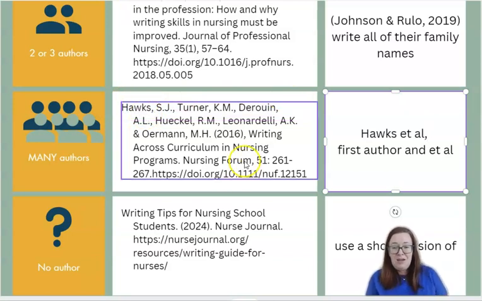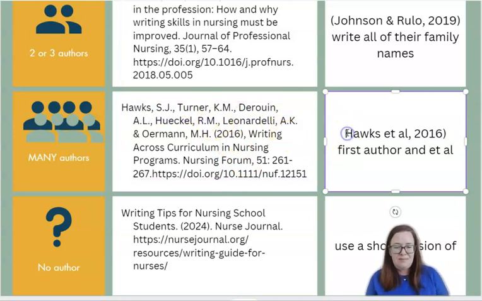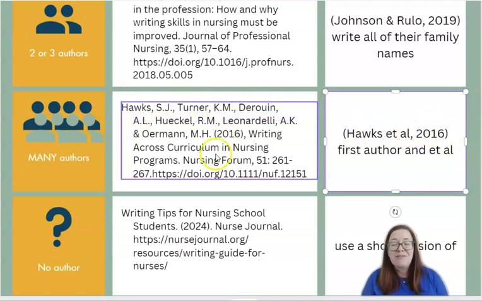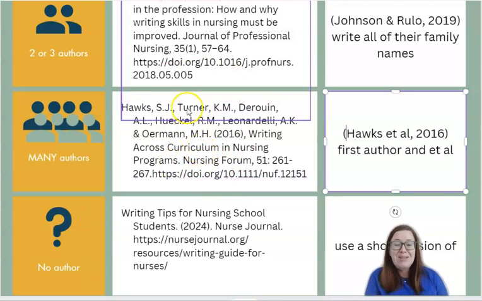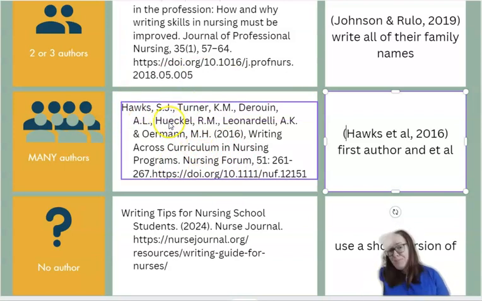And then the year, 2016. Even though you get to write et al. in the in-text citation, for the reference list, you need to have more than 20 authors to write et al. in the reference list. So reference list entries can be really long, have a lot of authors.